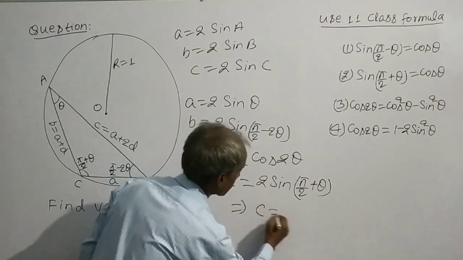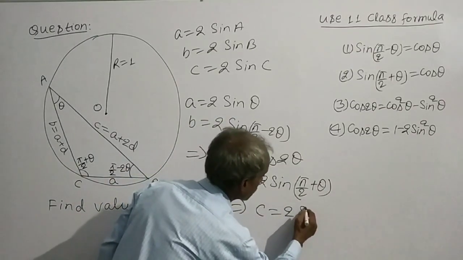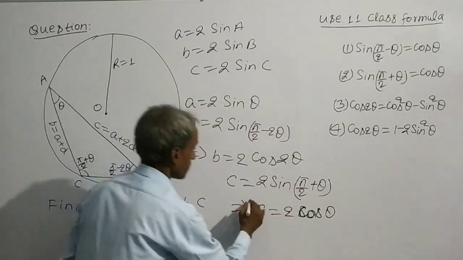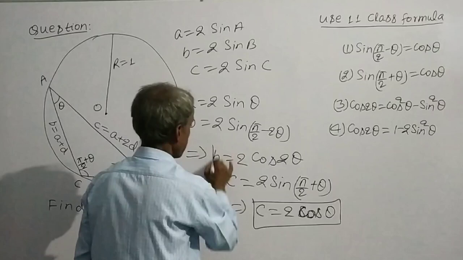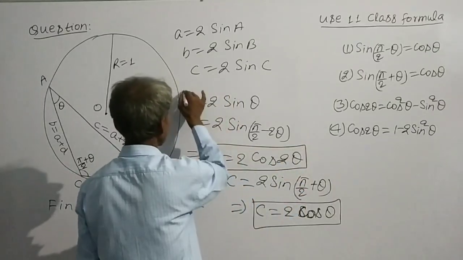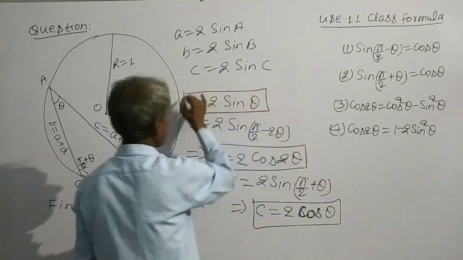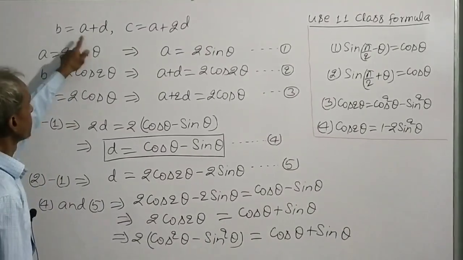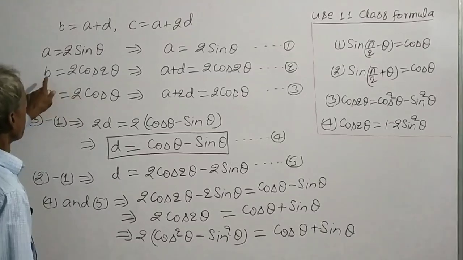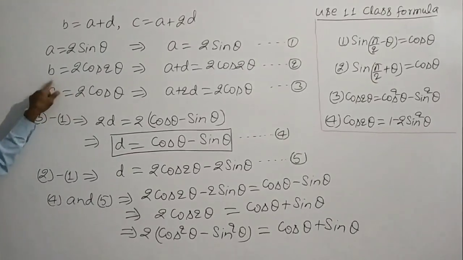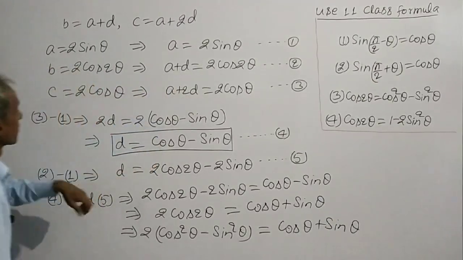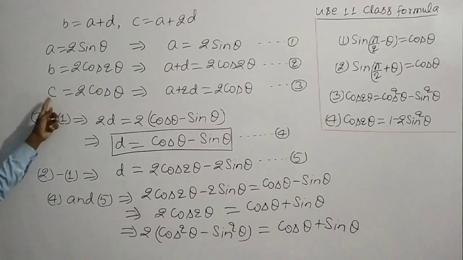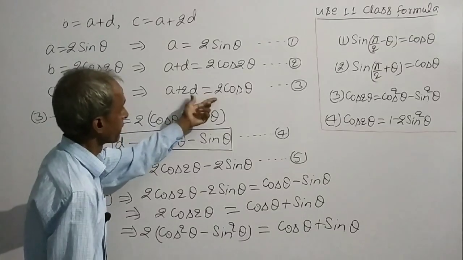Therefore, c will be equal to 2 cos theta. c is equal to this, b is equal to this, a is equal to this. Since b is equal to a plus d, when we put a plus d here, we get this. c is equal to a plus 2d. When we put a plus 2d here, we get this.